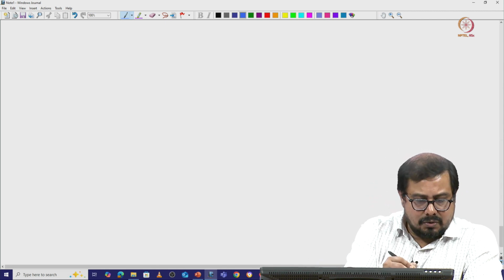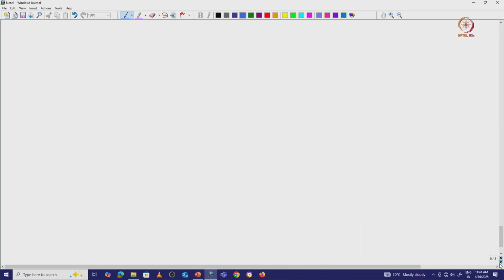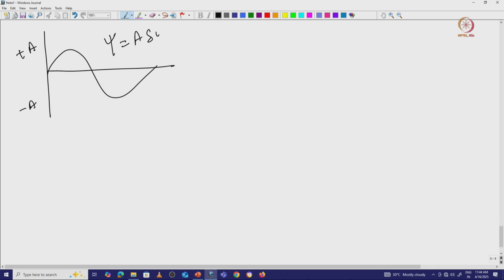So, we will start here. Okay, the first wave, it is going here, this will be minus A and this will be plus A. We know the amplitude, and then we can write it like that, A sin kx, where kx is the spatial frequency along the x axis.